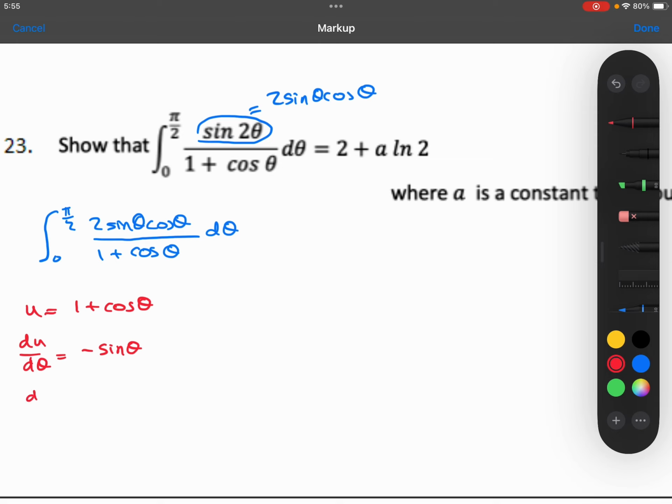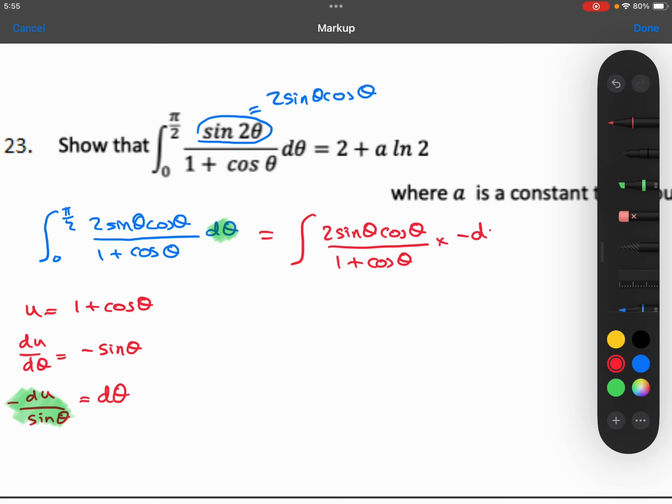Make d theta the subject. Like that. So I'm going to replace the d theta here with the minus du over sine theta. Which I can see that's going to cause some simplification. So the d theta has been replaced with minus du over sine theta.